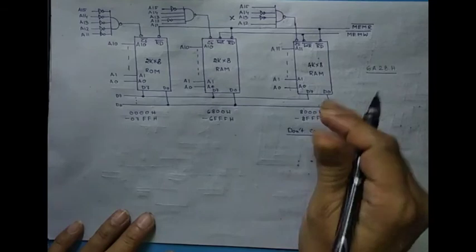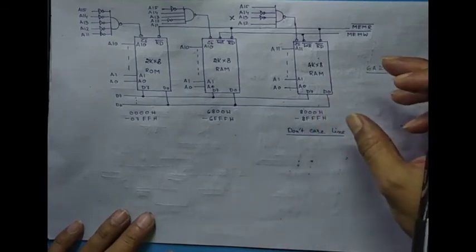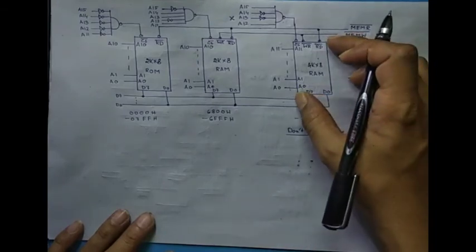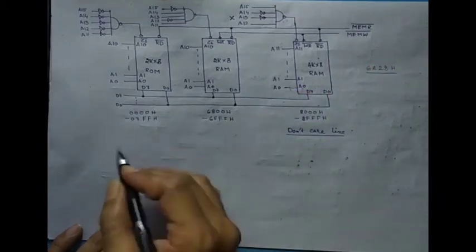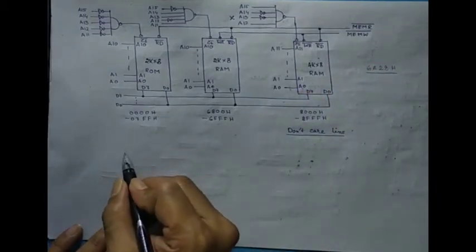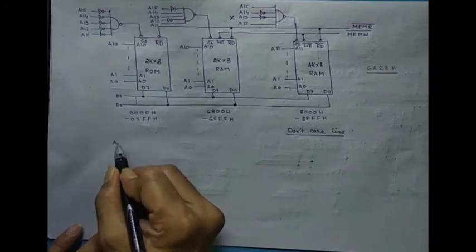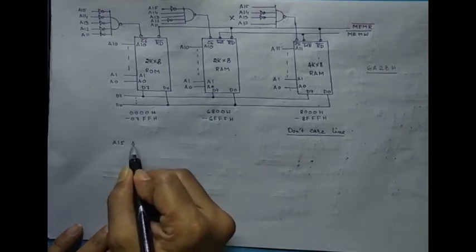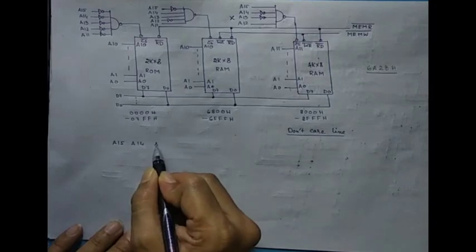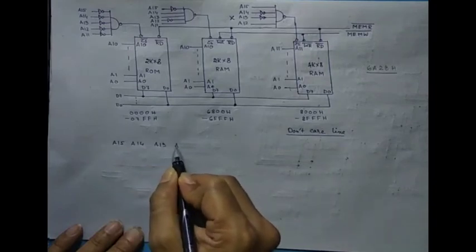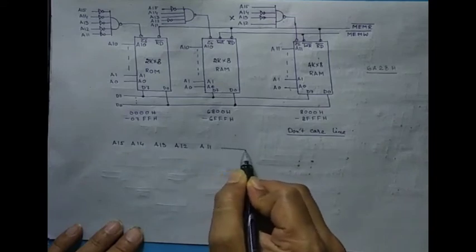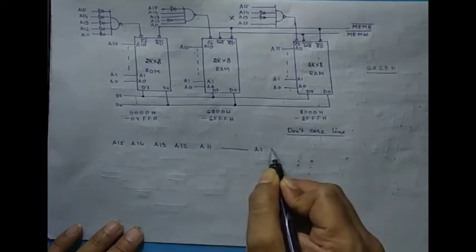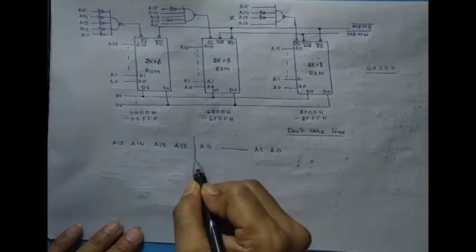To find out the address ranges that will be allotted to this RAM device, first you have to write down, just like previous cases, all the address bits: A15, 14, 13, 12, A11 to A0.